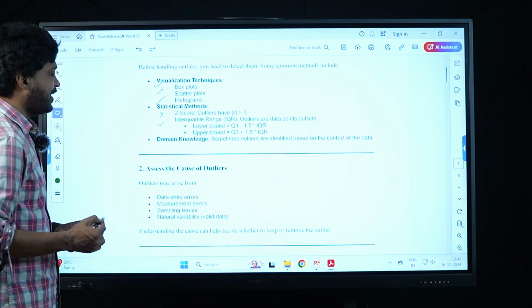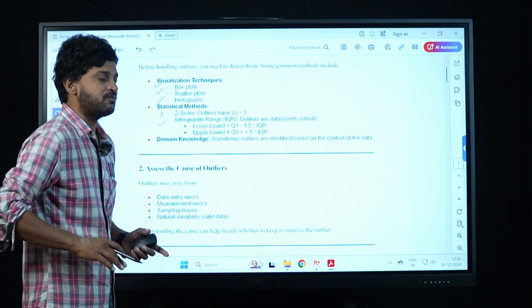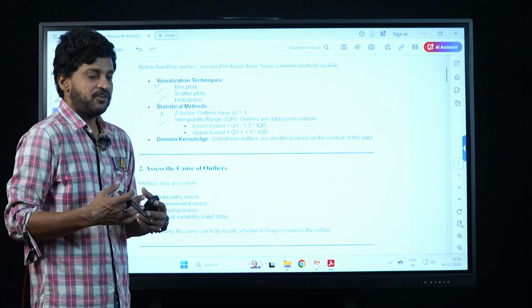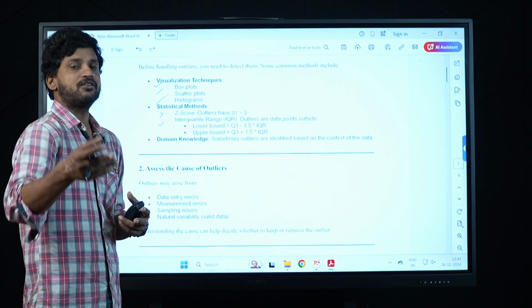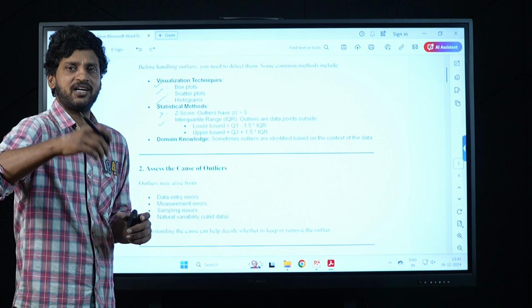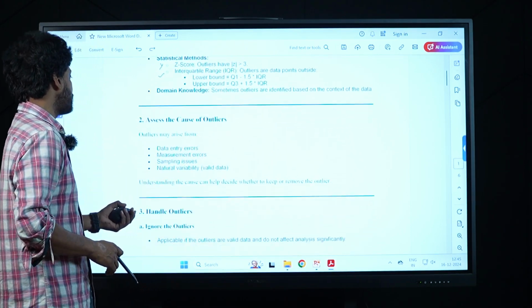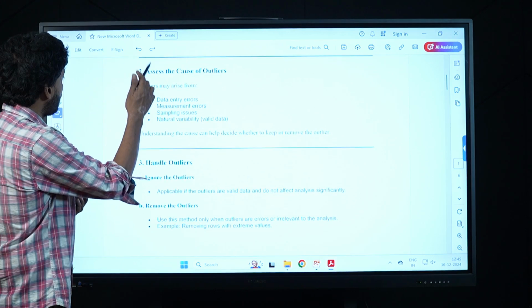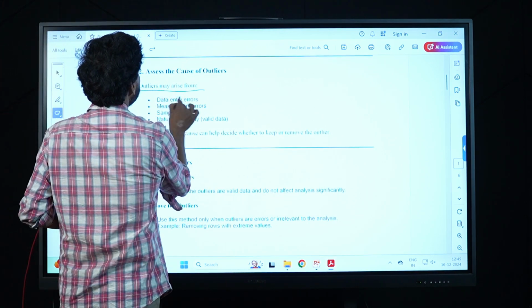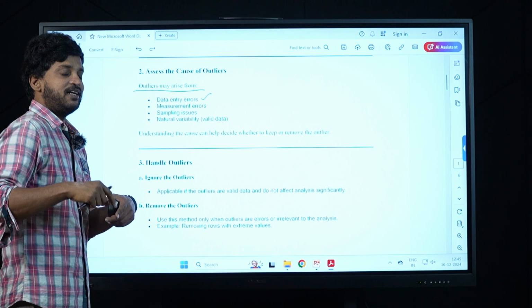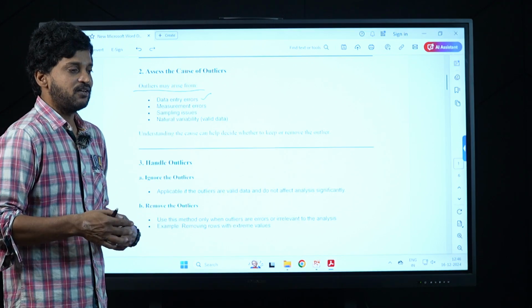We discussed it. Domain knowledge: you don't require any statistical methods if you have some domain knowledge. For example, with a doctor's data set, the doctor can identify what exactly is an outlier. And the next thing is where the outliers may arise from. Data entry errors. From the data entry onwards, there is an outlier called 137.